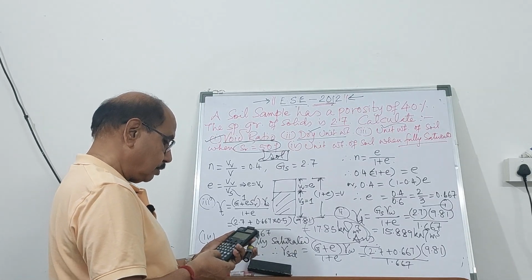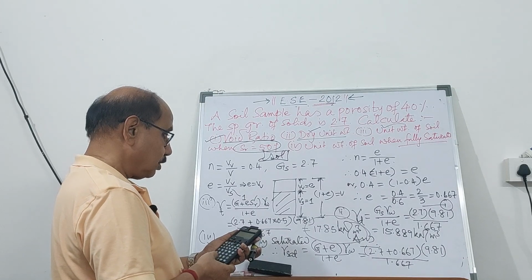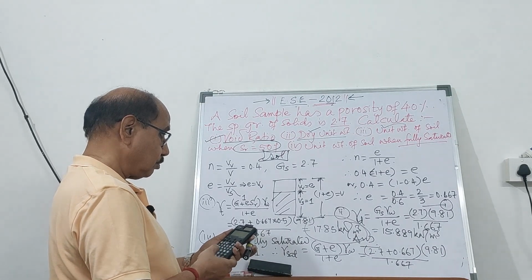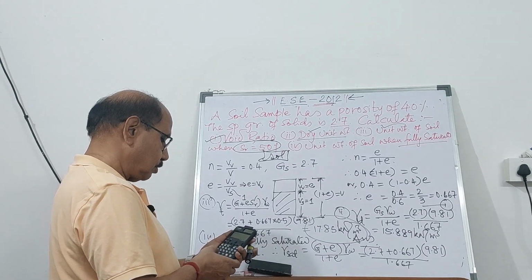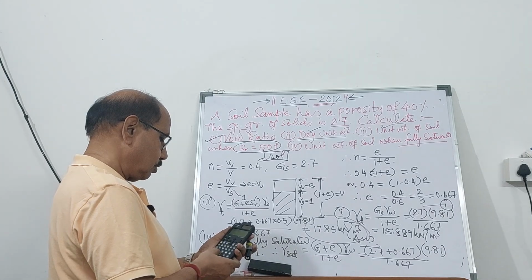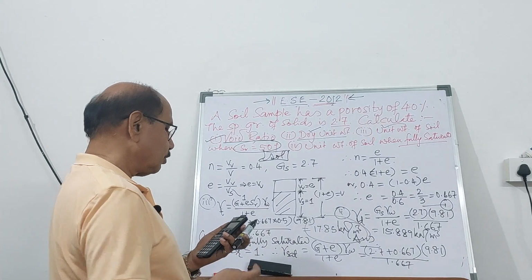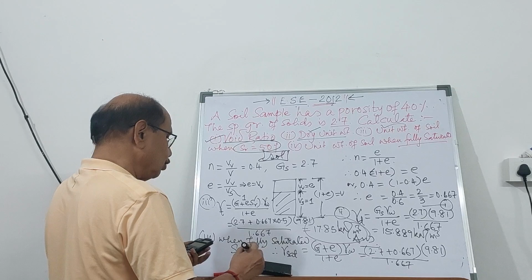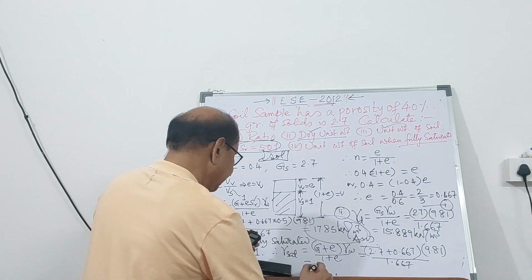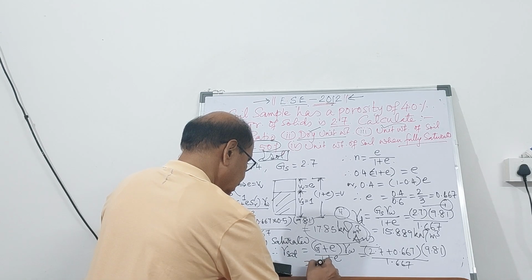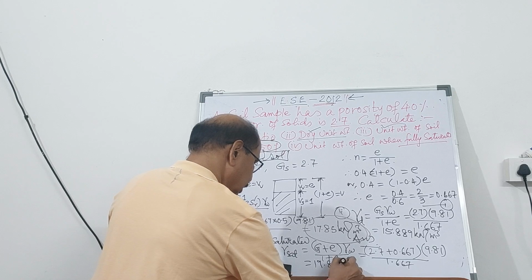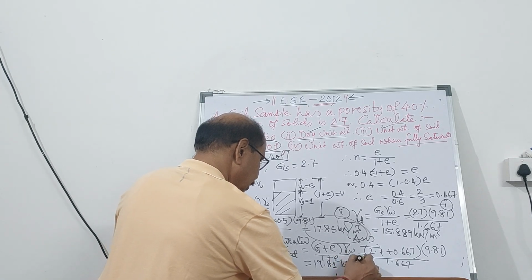2.7 plus we get the saturated unit weight comes out to be 19.81 kilonewton per cubic meter.